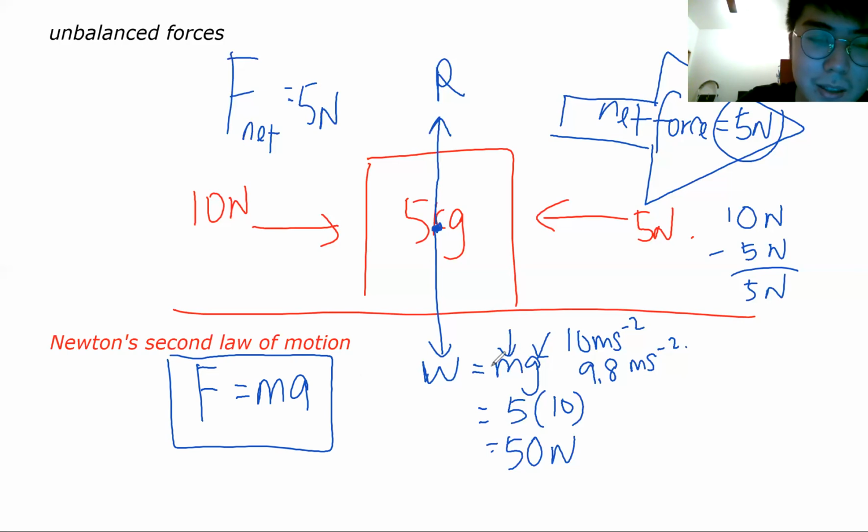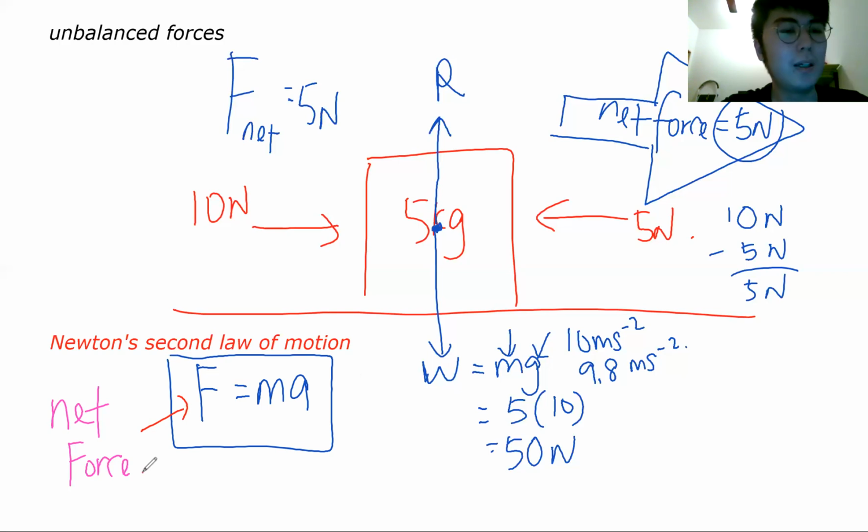First, force. Note this one: this is the net force, or resultant force. Many people make mistakes because they forget this F is the net force. Later I will show you an example why. So F is the net force, remember.